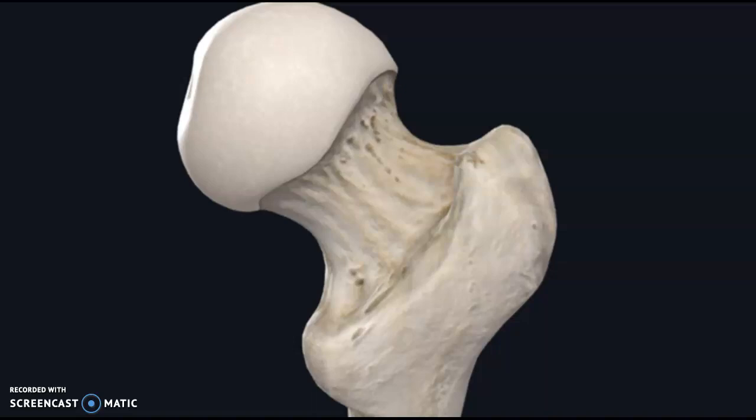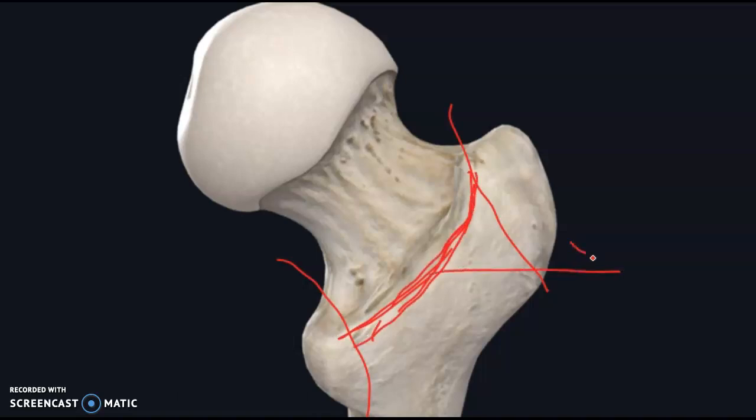Here you can see this is the greater trochanter, then we have the lesser trochanter, and posteriorly these two trochanters, the greater trochanter and the lesser trochanter, are joined together by a bony ridge, and that's called the intertrochanteric crest. Alright, so this is the intertrochanteric crest.